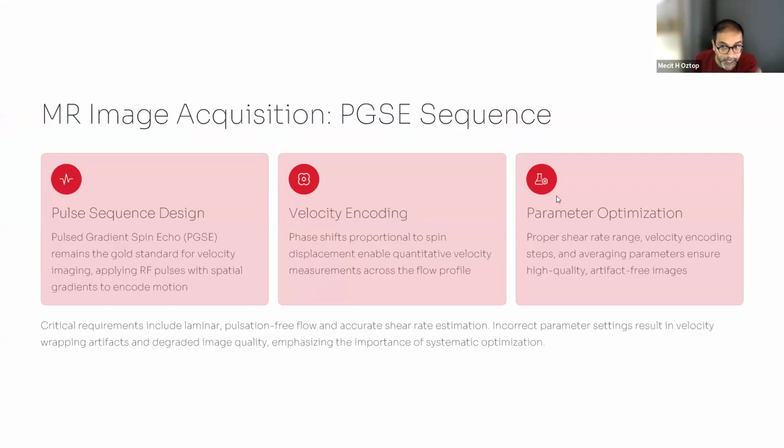Proper shear rate range, velocity encoding steps, and averaging parameters ensure high quality, artifact-free images. And here, the critical requirements are laminar, pulsation-free flow and accurate shear rate estimation. Incorrect parameters will result in wrapping artifacts and degraded image quality.